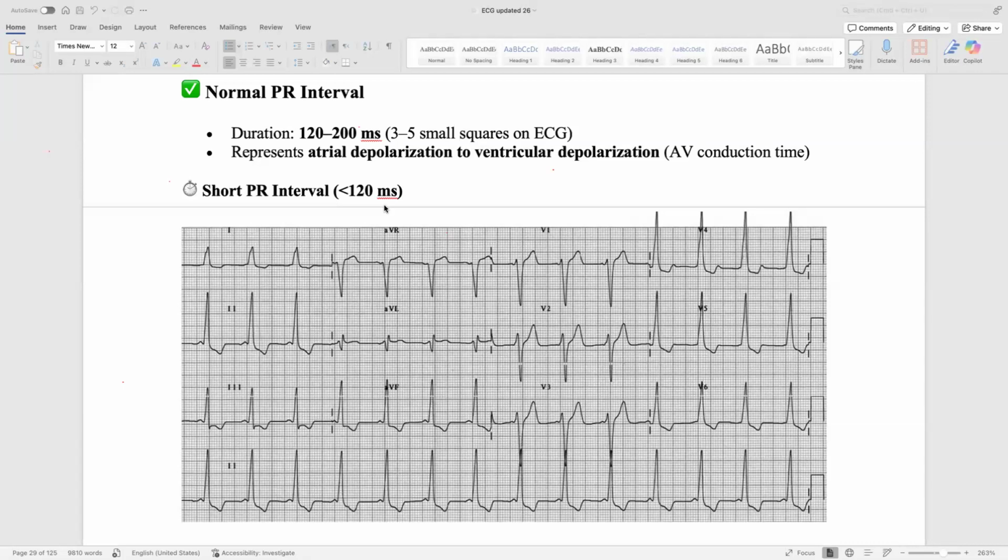If you forget about the rate and the rhythm, and the presence of P wave is there, if you are not looking for the PR interval by name, will you detect this abnormality?